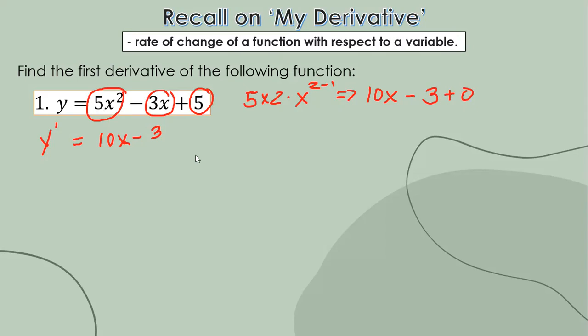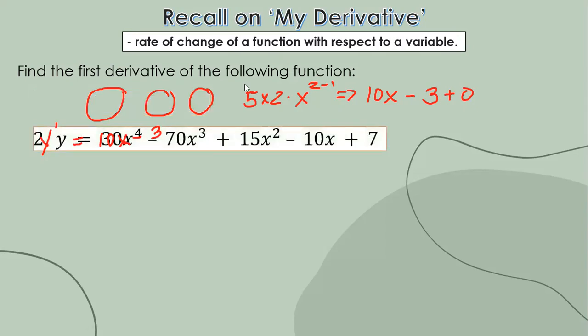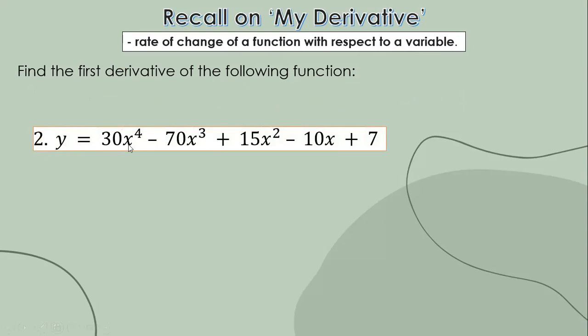Alright, so now let's move on to number 2. y is equal to 30x to the fourth minus 70x cubed plus 15x squared minus 10x plus 7. Okay, so kaya na natin i-mental. Baba lang yung exponent, mamumultiply yung 30 sa exponent.